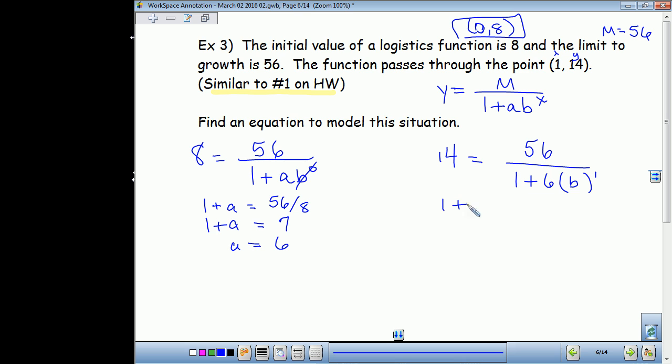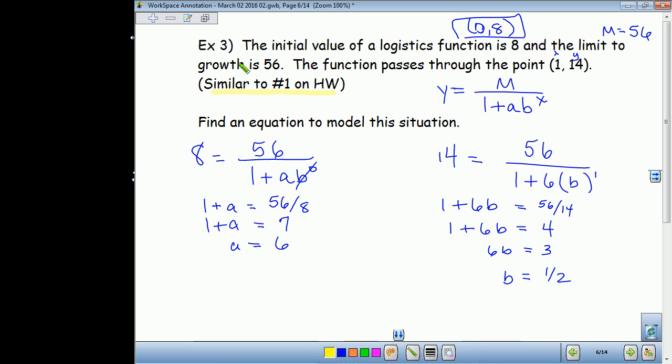So we get 1 plus 6b equals 56 divided by 14. So 1 plus 6b equals 4. 6b equals 3. B equals 1/2. So I have m, I have a, I have b, I have everything I need.